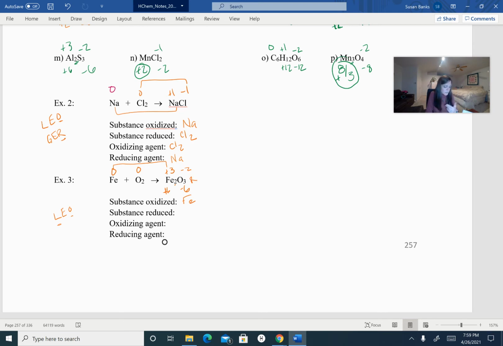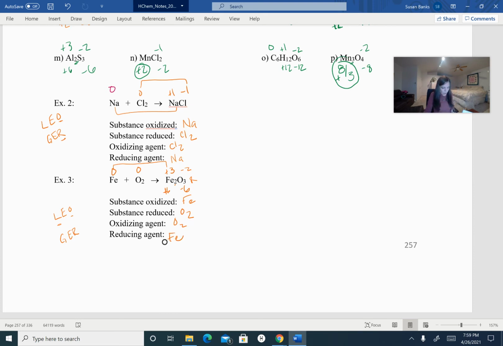That's where the original meaning of the word came from. The substance that got reduced, gaining electrons, is reduction. So oxygen gained electrons, so it is reduced. The oxidizing agent is the compound that got reduced, so that is oxygen. And the reducing agent is the compound that got oxidized, so that would be iron.